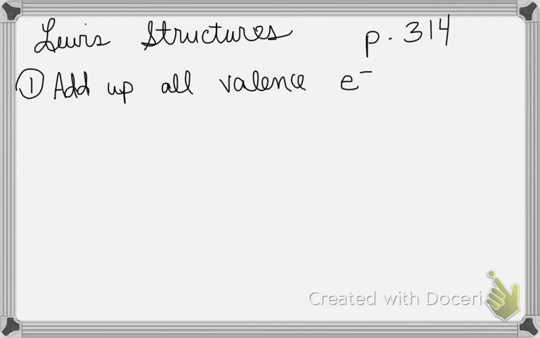So what does this rule mean? Add up all the valence electrons. Well, guys, in carbon tetrachloride, y'all know that there's one carbon and there's 4 chlorines, right? I can look at the periodic table, and from the position of carbon, I know it has how many valence electrons? Carbon has 4 valence electrons.